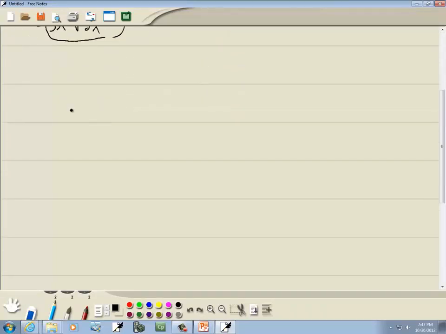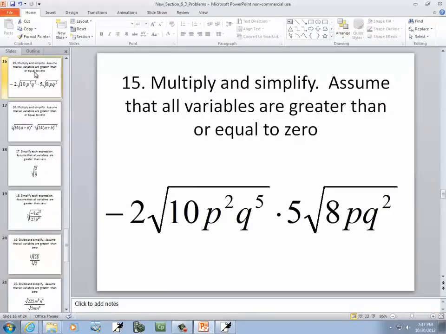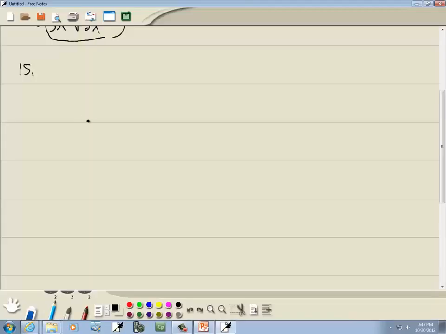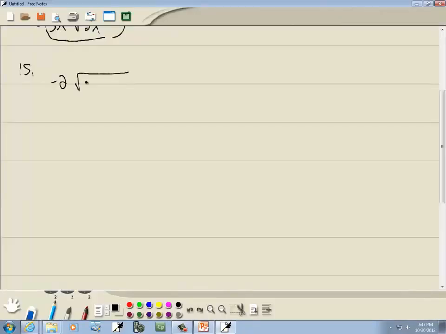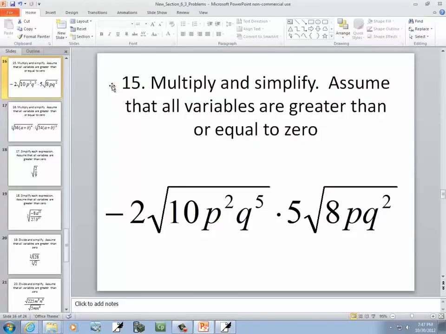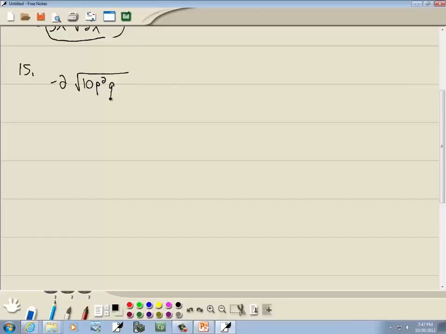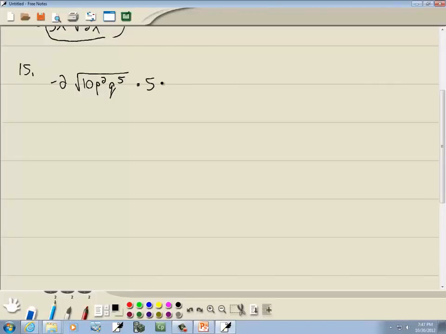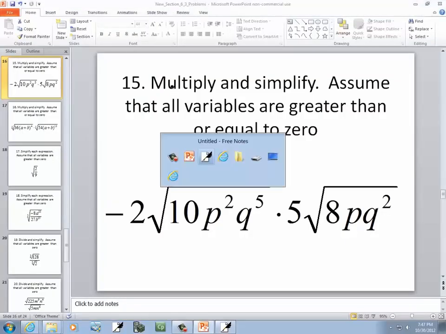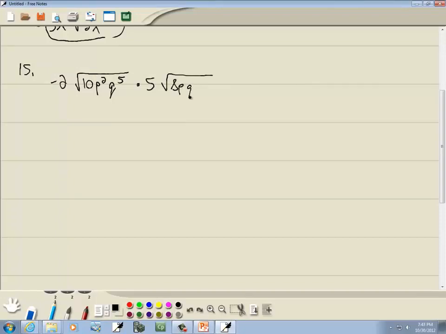Let's scroll down here. Now here we got -2 square root of 10 p squared q to the 5th times 5 square root of 8 p q squared.